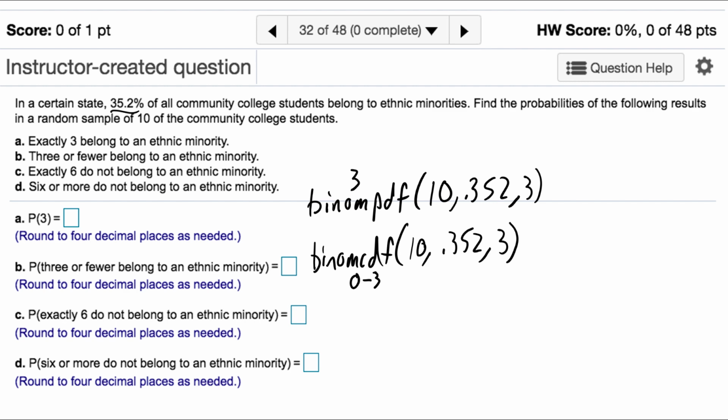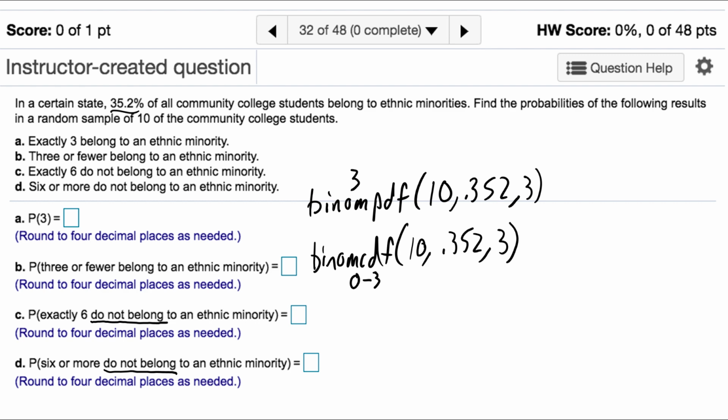The next one, exactly 6 do not belong. Notice that we've switched now to do not belong instead of the probability that someone does belong. This is going to change our probability. Our probability was 0.352, the probability of belonging to an ethnic minority.